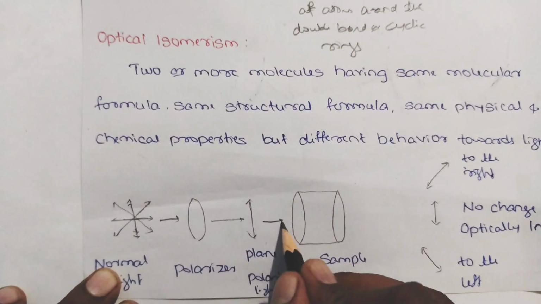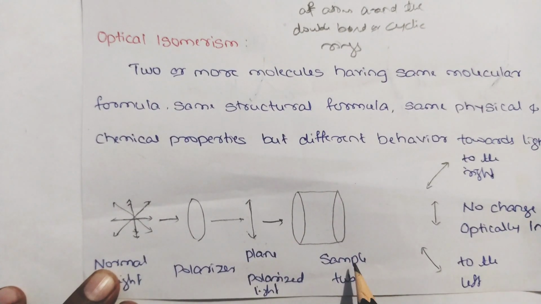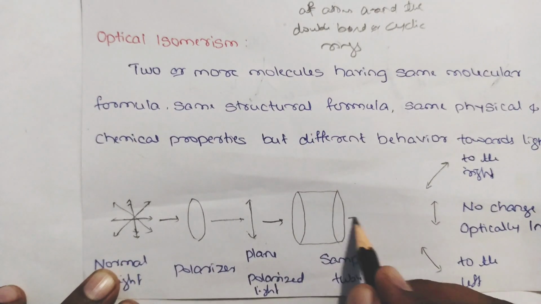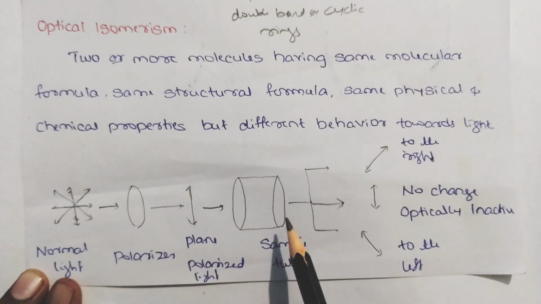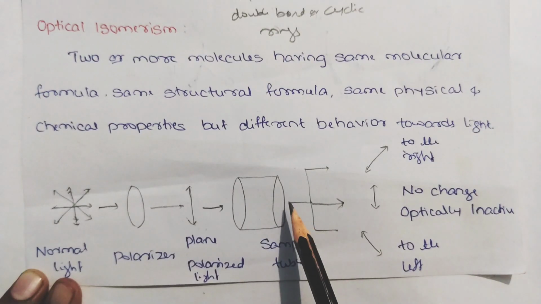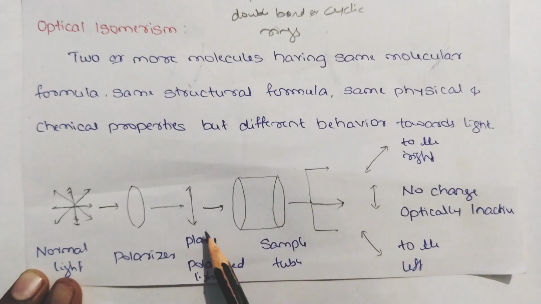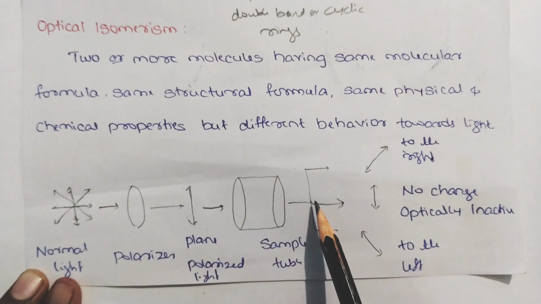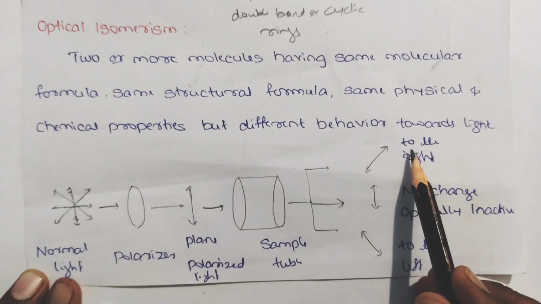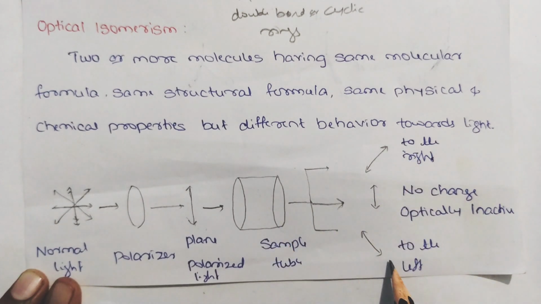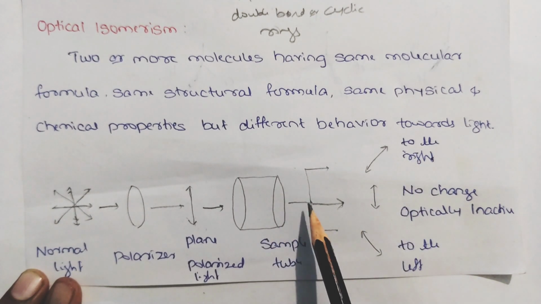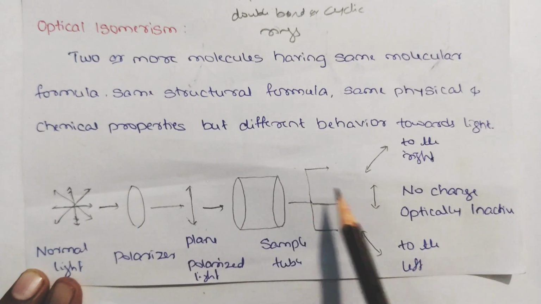When you pass this plane polarized light through the sample tube containing the sample, after passing through this tube there are two possibilities. There can be a change in the plane polarized light. Either it can rotate to the right or to the left, or there will be no change in the direction of the plane polarized light.